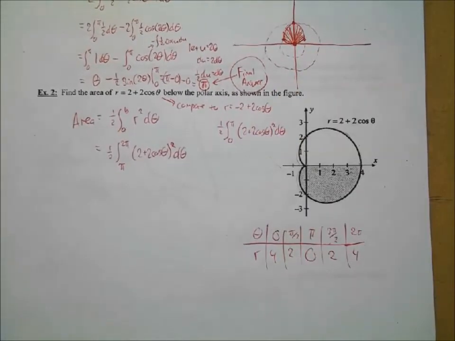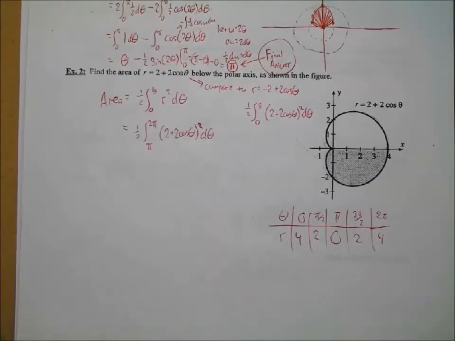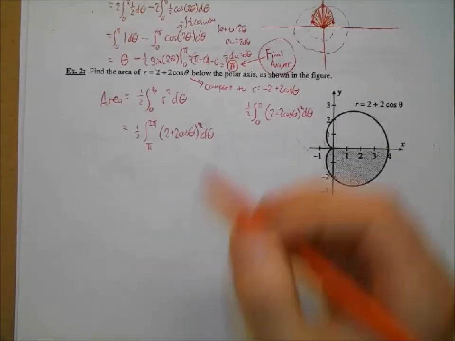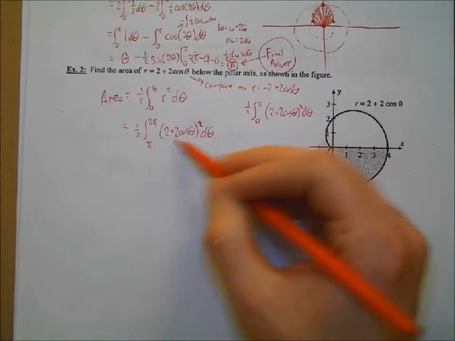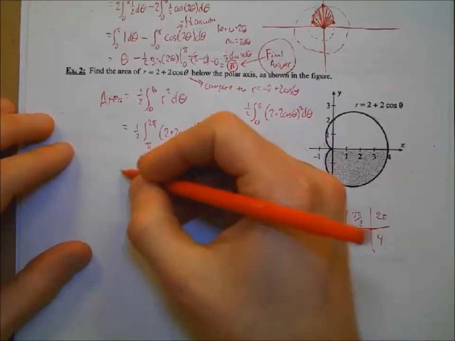Okay, so again, we're not going to do this one by hand. You could do this one by hand, potentially. What you would do is FOIL out the 2 plus 2 cosine theta, so it would be 2 plus 2 cosine theta times another 2 plus 2 cosine theta. I'll write it out here real quick.